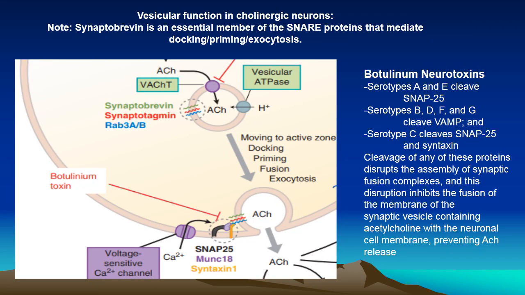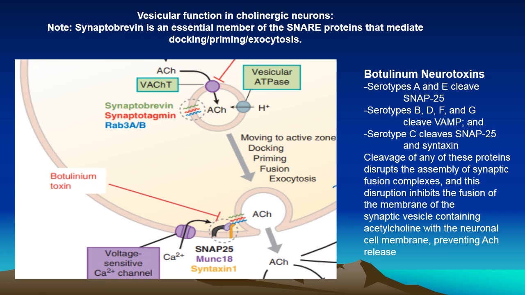Now, a typical example is the acetylcholine vesicular cycle. For cholinergic transmission, all elements are shown in the figure, showing step by step movement that results in release of acetylcholine involving trafficking proteins. Botulinum neurotoxin serotypes A and E cleave SNAP25. Serotypes B, D, F and G cleave VAMP, whereas serotype C cleaves SNAP25 and syntaxin.